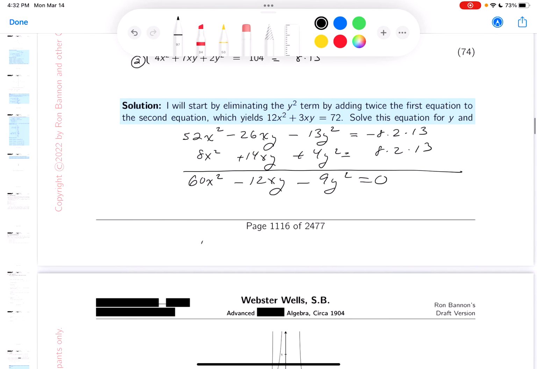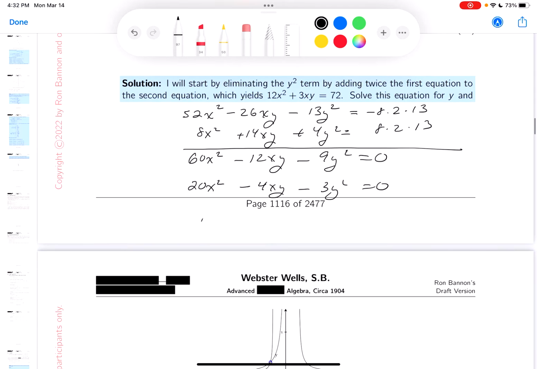I'm going to divide by 3 to reduce the complexity of the problem. 20x squared minus 4xy minus 3y squared equals 0. I'm going to try to factor this now.